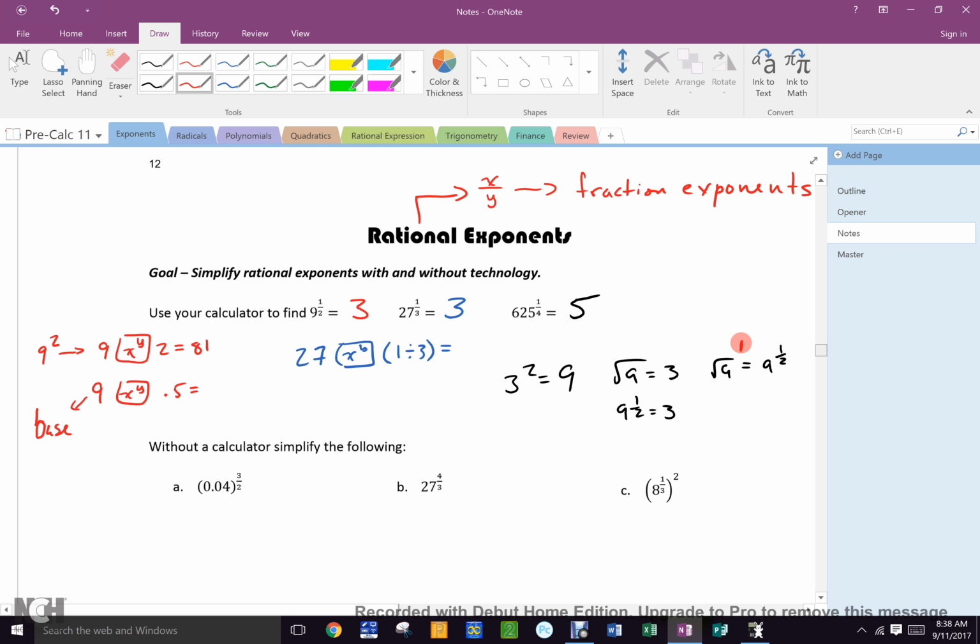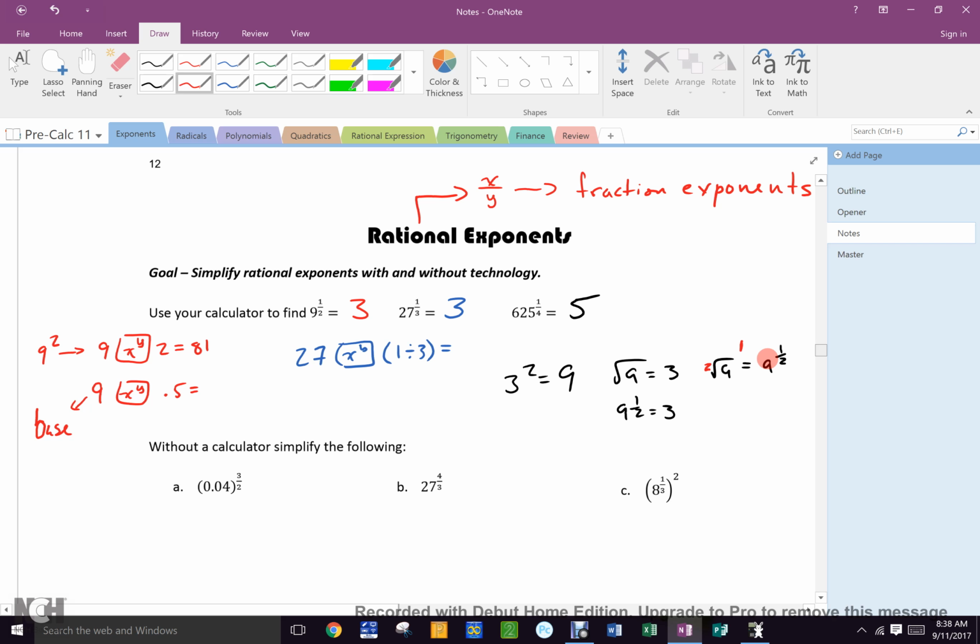Right? What else is missing from this construction? A 2. Where should that 2 be? It should be right there. It's the index number. So once you see this written properly, that should remind you of what this actually means.